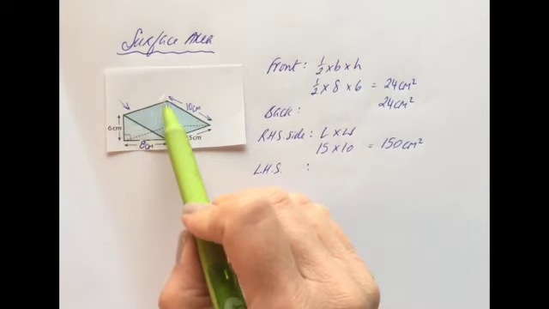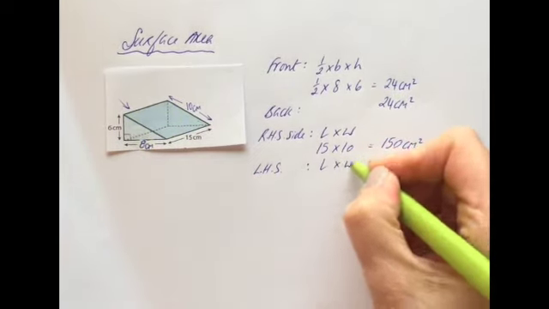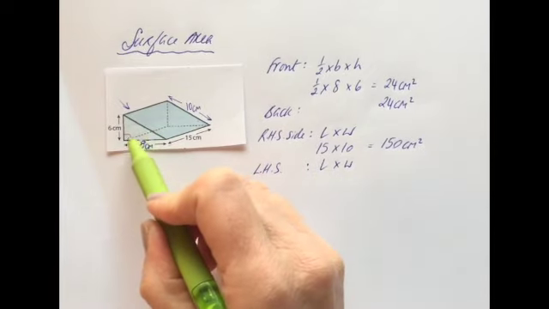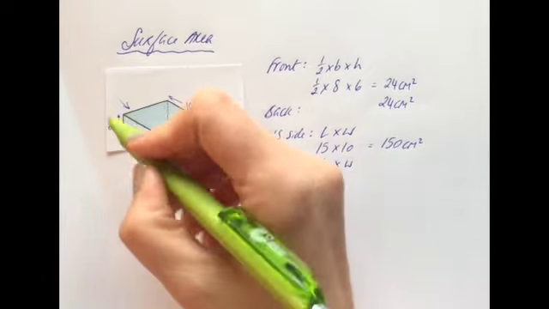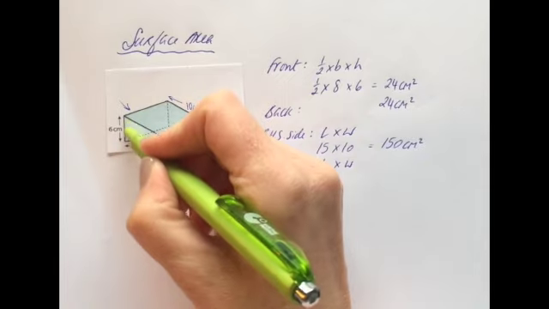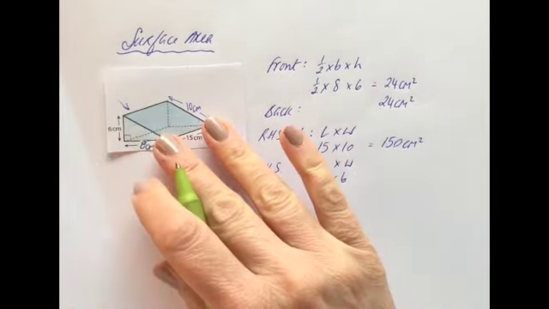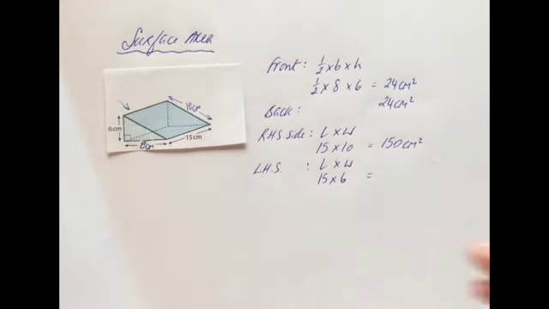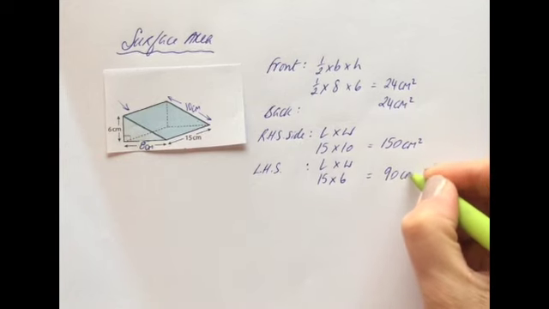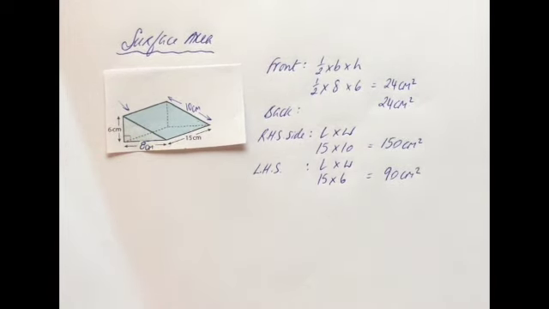That is a rectangle, so length times width, but although the length is 15, the width is going to be 6. So 15 times 6 is what I'm going to get here, and 15 times 6 is 90 centimeters squared.